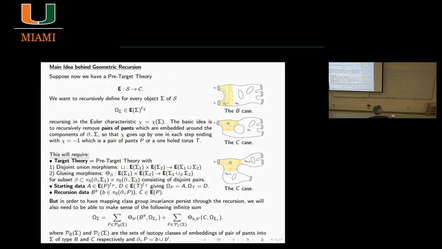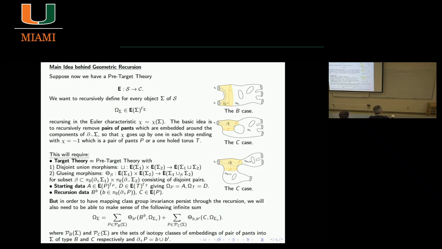And now I need also recursion data. So I need something to put in the vector space for the pair of pants of this type and of this type. So I didn't discuss what these types are in difference yet, but you see up here the embedded pair of pants has two boundary components in common with the surface, and here it only has one. So that's the difference between B and the C case.